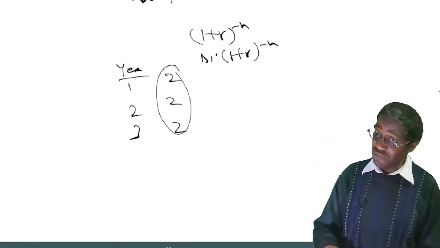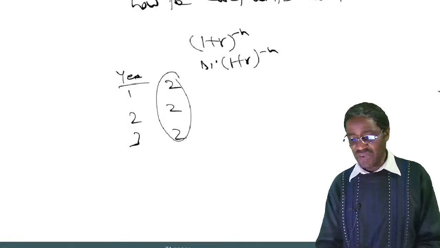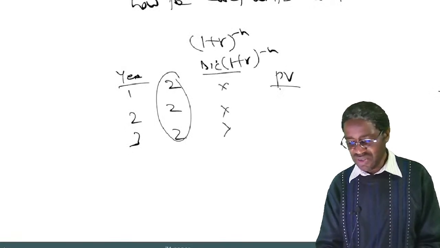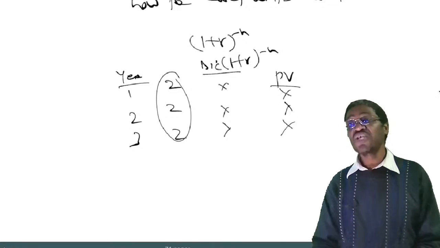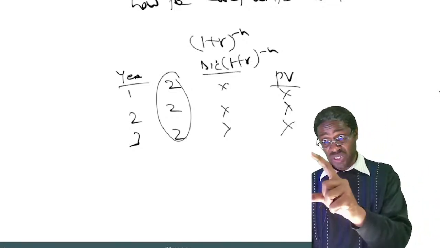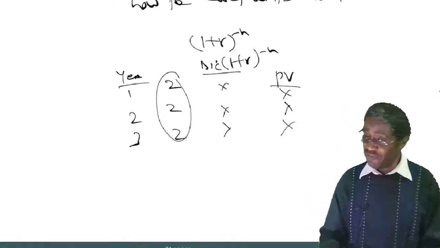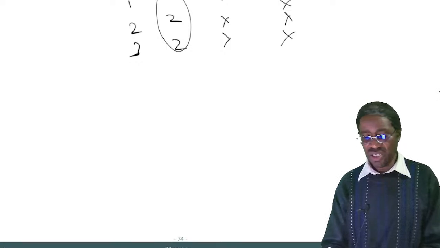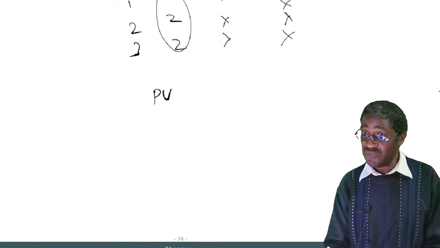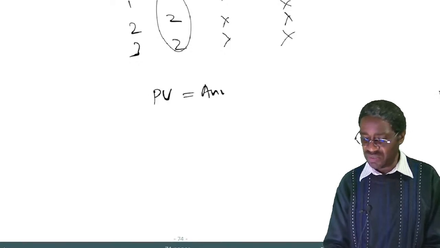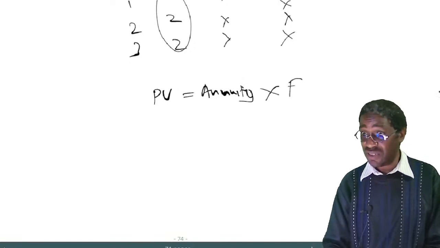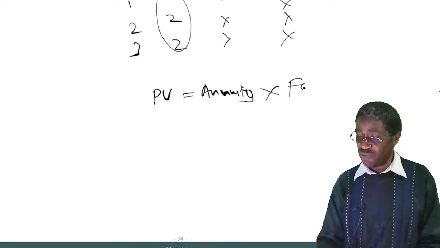But if you can remember the formula for annuities, here I've said to get the discounting factors, then you get the present values. If it's an annuity, then you know the formula. To get the present value, you take that annuity and multiply it by the factor. How do you get that factor for annuity?